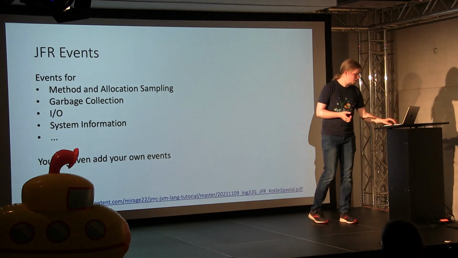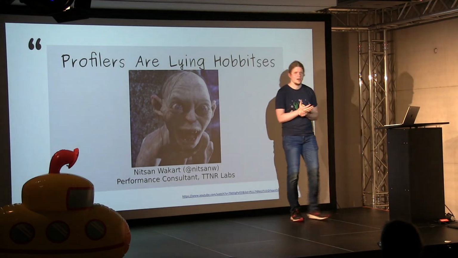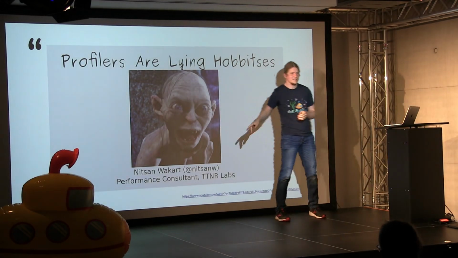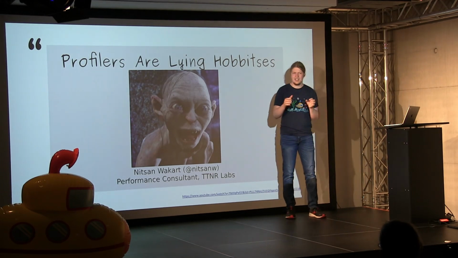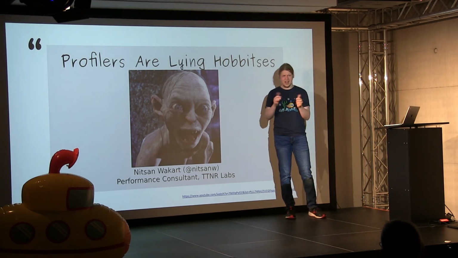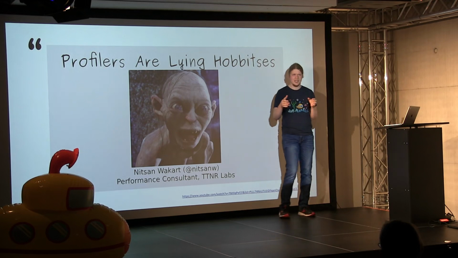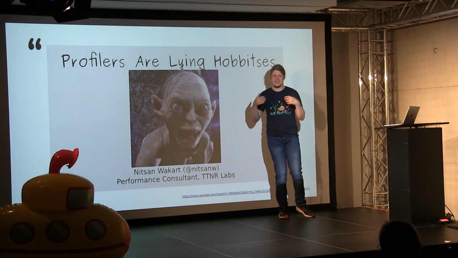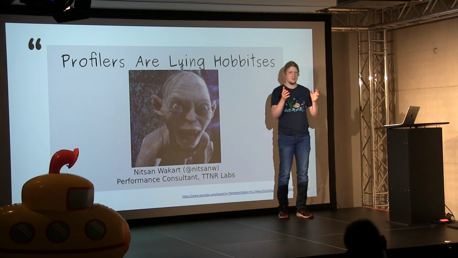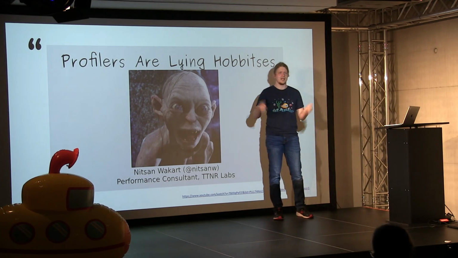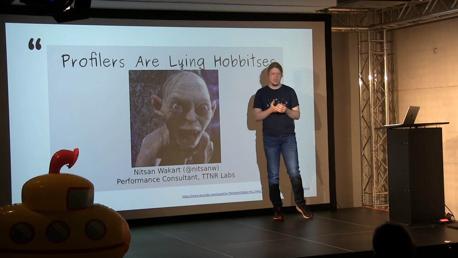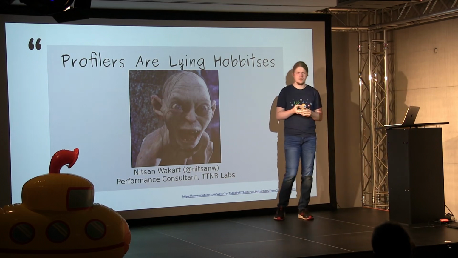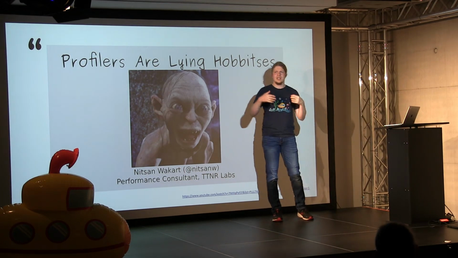But overall, profilers are lying hobbits, as Nitsan Wakart said in the talk that they've linked here, because yes, they are approximate, and even things like the line number aren't really that correct, because you have superscalar CPUs that execute multiple instructions at one point in time, and you also have compilation and inlining and everything.